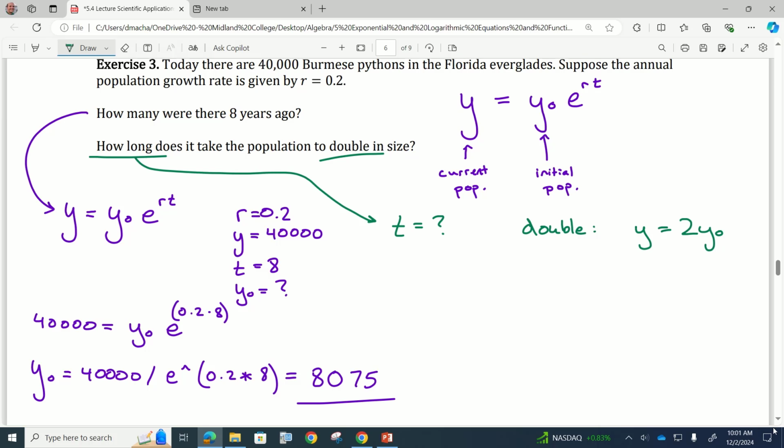So using the same equation, I would write y is equal to y0 times e to the power rt. I'm actually trying to find t. So I divide both sides by y0. And I'm trying to solve for little lowercase t. How do I solve for t?